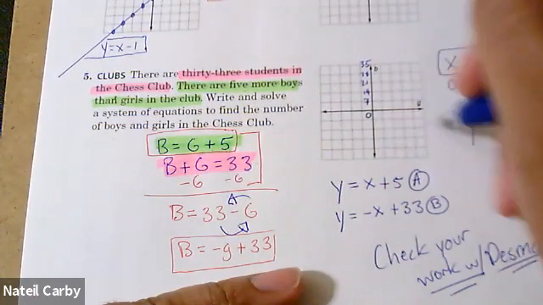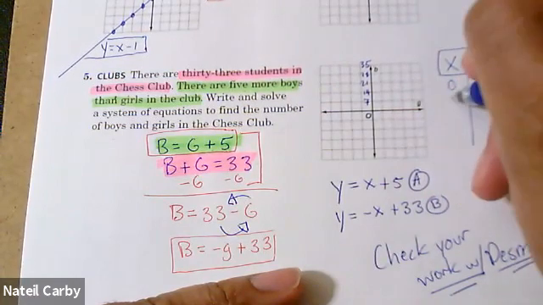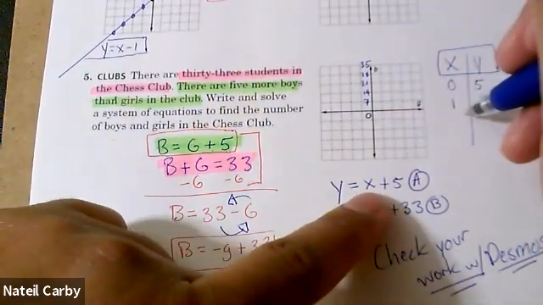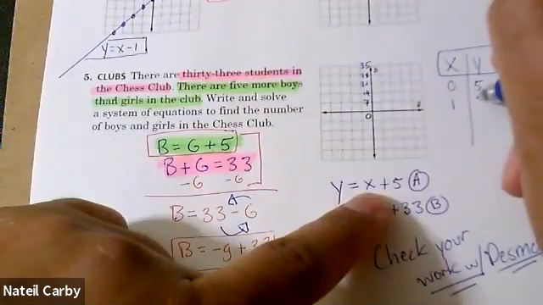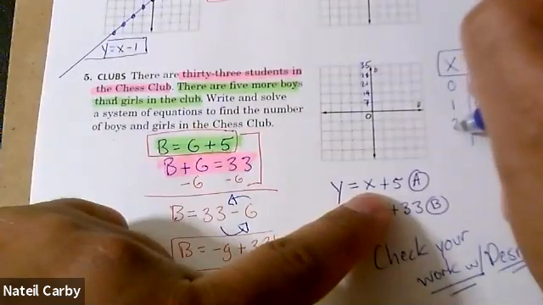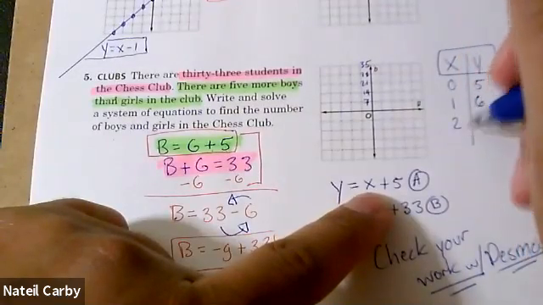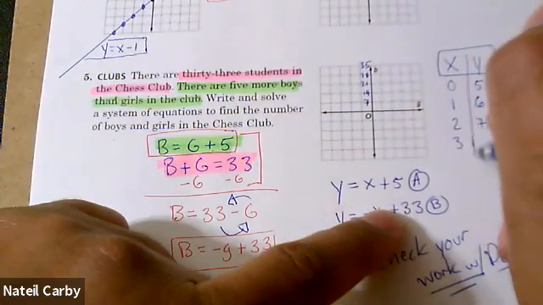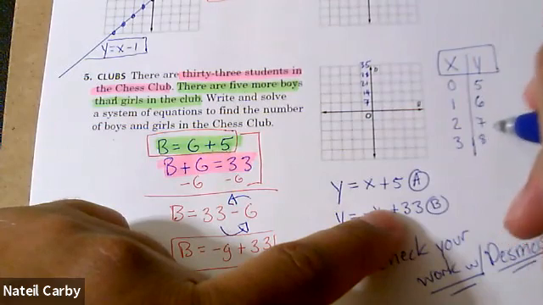X is 0, y is 5. X is 1, 1 plus 5, 6. X is 2, 7. X is 3, 8.